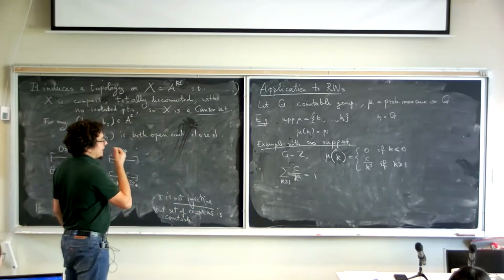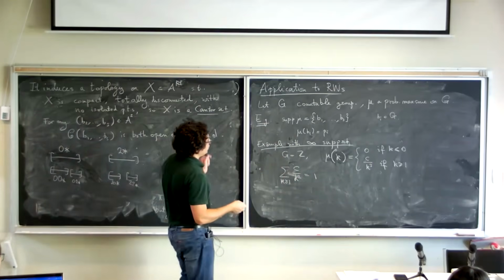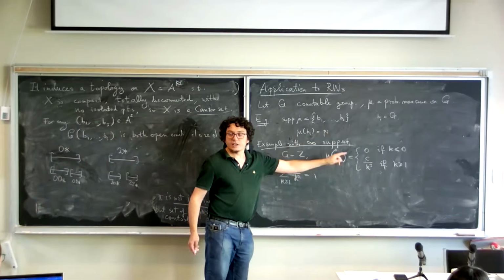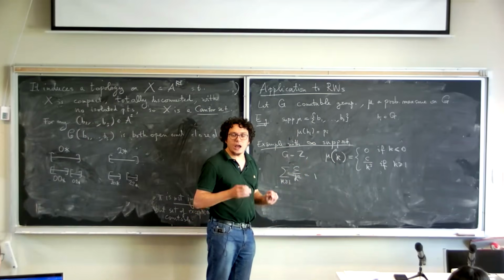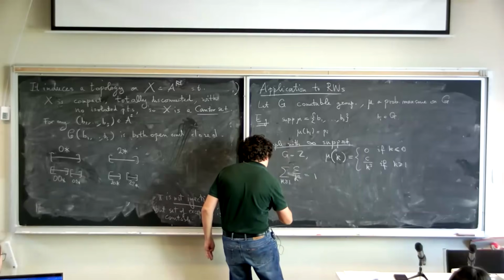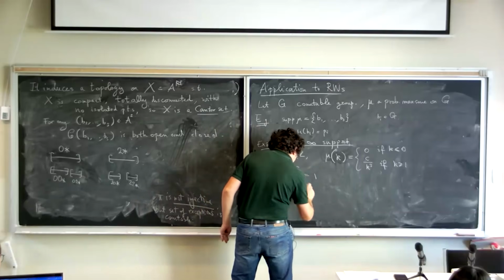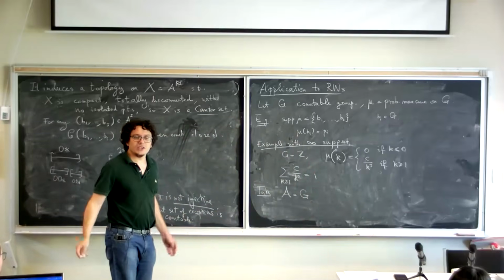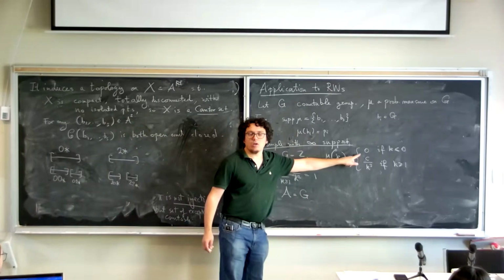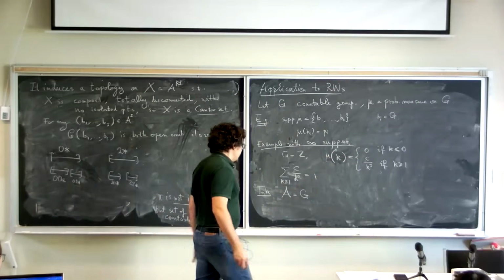So this is an example which is slightly more general, because now you don't have only finitely many choices, but you could have infinitely many choices. So in general, you take your alphabet to be, well, you can even take it to be G. That's the most general case. Some of the weights could be 0, but it's not a problem. So you take the alphabet to be G, and then what?